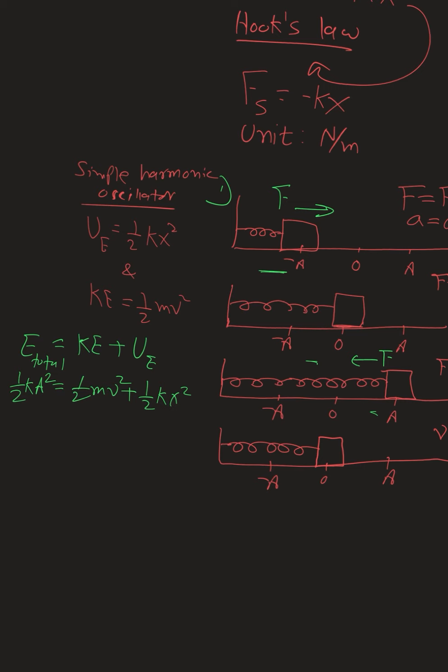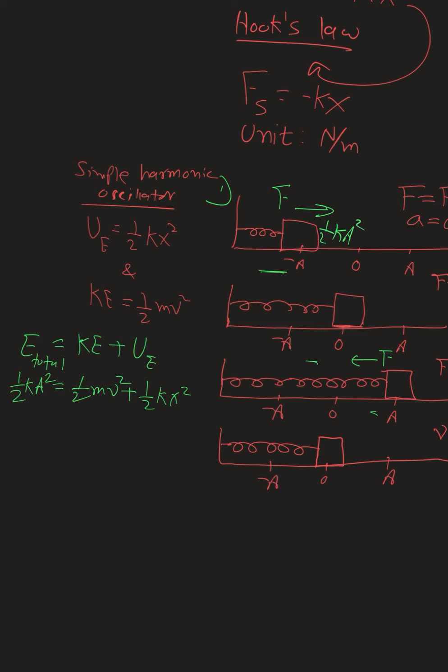Of course, you are at negative A. That means you have only spring potential energy, and at x equals A, your maximum spring potential energy is 1/2 kA squared, right? So the energy you have right here is 1/2 kA squared. That's it. You don't have any kinetic energy.